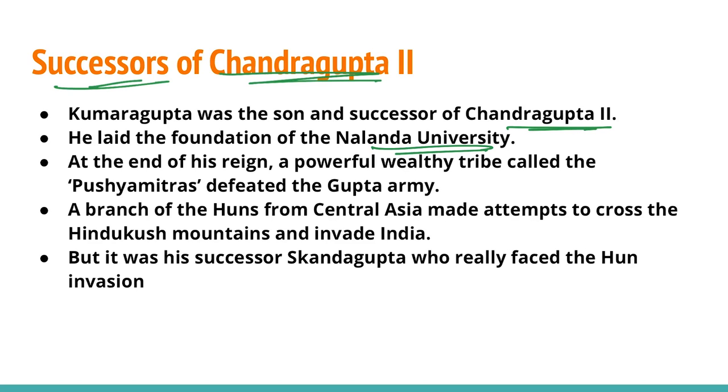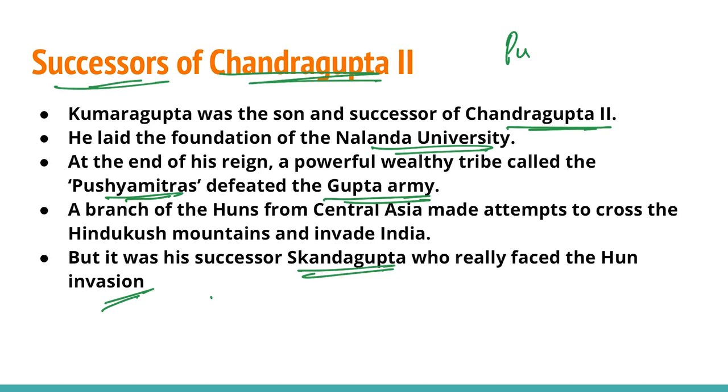At the end of his reign, a powerful, wealthy tribe called the Pushyamitras defeated the Gupta army. At the time, a branch of the Huns from Central Asia made attempts to cross the Hindu Kush mountains and invade India. But it was his successor Skandagupta who really faced the Hun invasion. He fought successfully against the Huns and saved the empire.